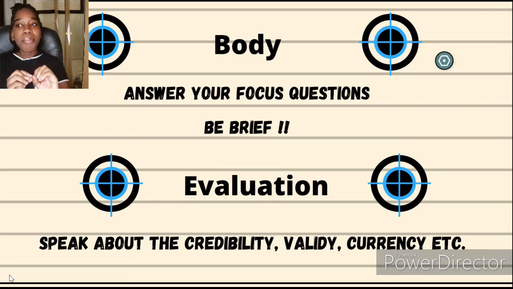So this proves that my topic is current because it's something still being researched. The information which I obtained from the journal was related to my topic, so it's relevant and also corresponds with other sources which I had grappled with. So it's cohesive with other articles which I had read. The information here is, of course, not in the same words, but it's bringing across the same message, is what I was trying to say.